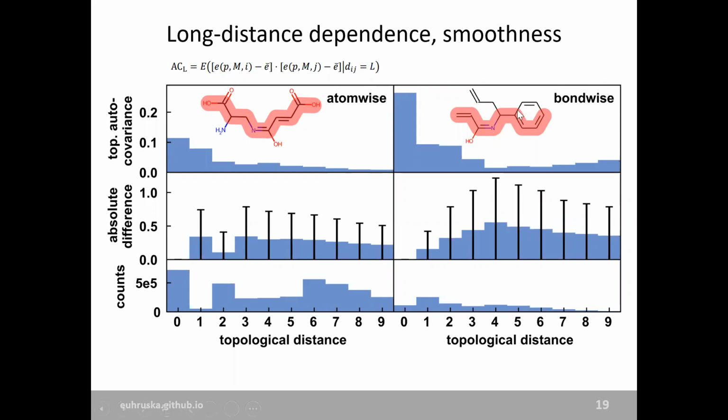But we also see that even at significant distance, more than 9 bonds, we still see some kind of covariance, which matches the understanding that this kind of property, the HOMO-LUMO gap, has a long distance dependency. So changing a part of a molecule at one side can change the HOMO-LUMO gap for the whole molecule, even if the molecule is large, larger than 10 bonds.